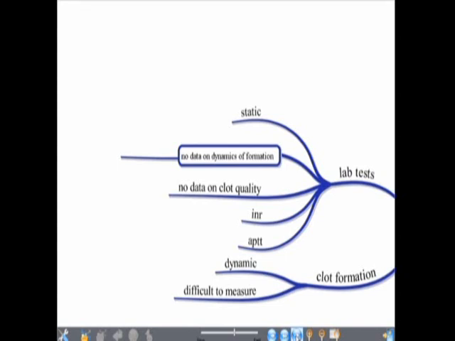We have no idea of this. Sometimes you can have a patient with a low platelet count, but they're clotting fine, sometimes you can have someone with a normal platelet count and they're still bleeding excessively, and it leads to people trying to guess what's going on because you've got absolutely no data on the dynamics of the formation of the clot. It's just some figures.